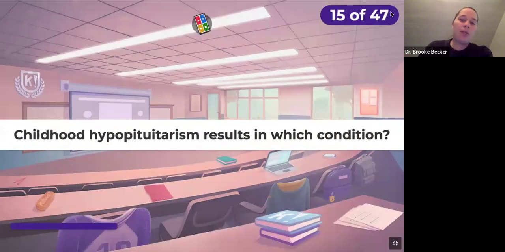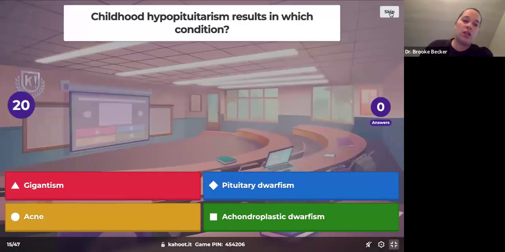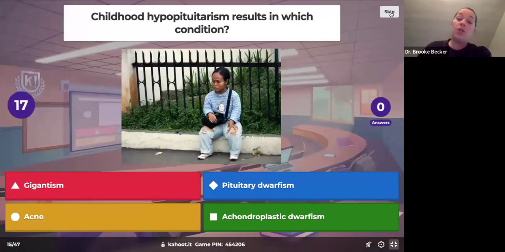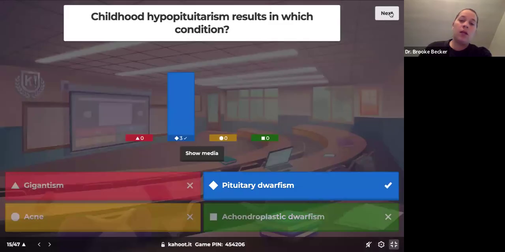Childhood hypopituitarism results in which condition? Gigantism, pituitary dwarfism, acne, or achondroplastic dwarfism? Yes, pituitary dwarfism. That happens with hypopituitarism. So what's going to happen with their growth curve?